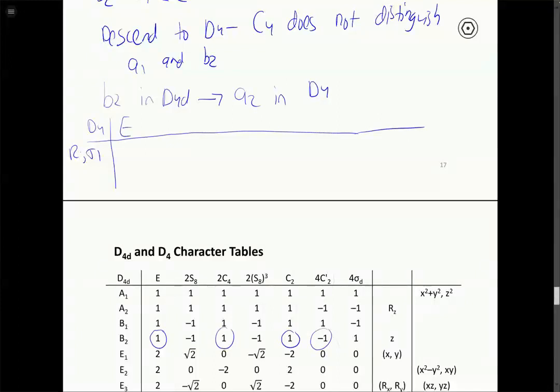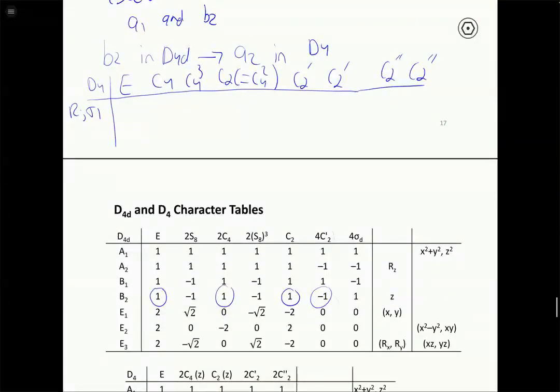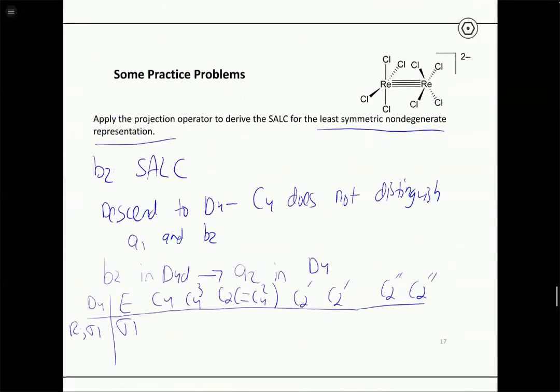So we have E, C4, C4 cubed. Alright, if we apply the operation to sigma 1, identity keeps it the same. Let's make sure we number these up here. So we're going to call this 1, 2, 3, 4, 5, 6, 7.